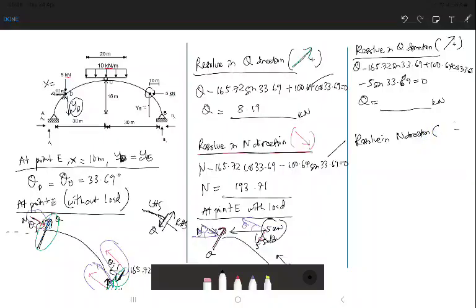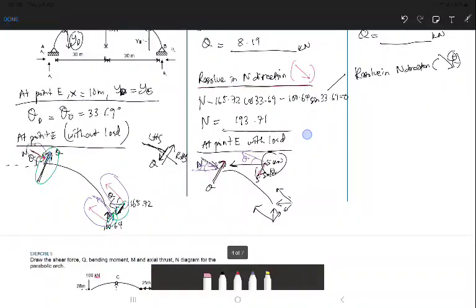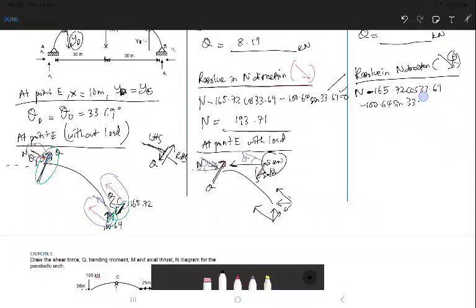Okay, this direction positive, so copy it again and minus 100. Okay, don't forget to include this.